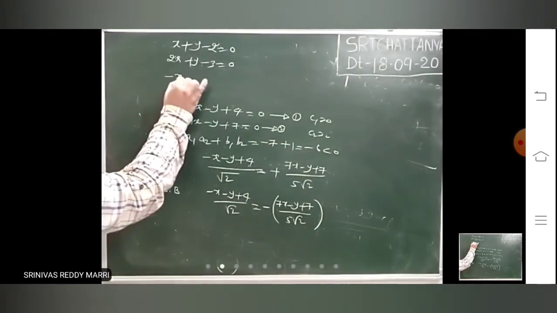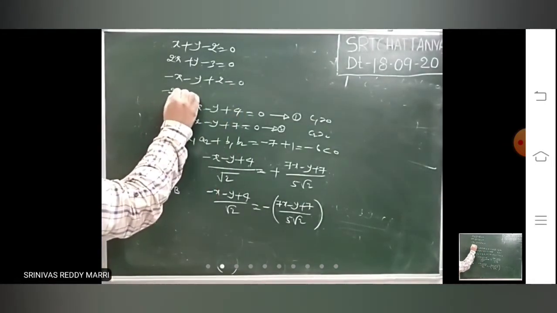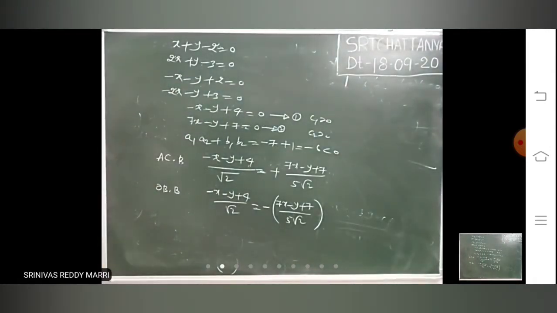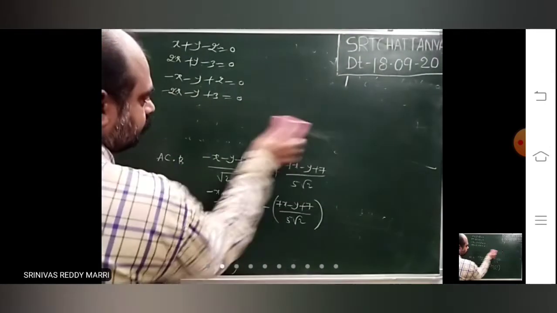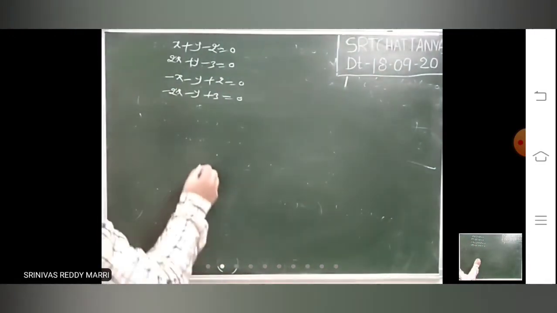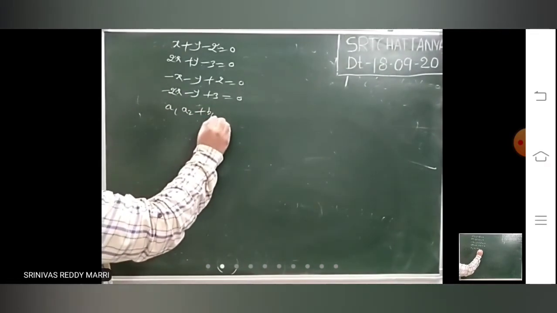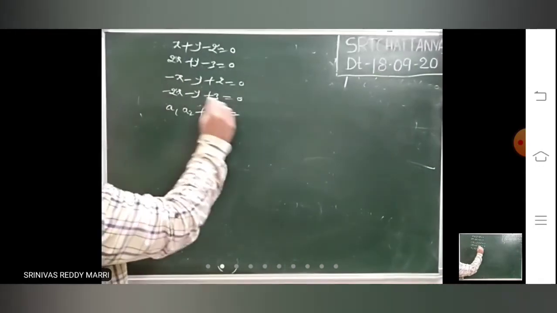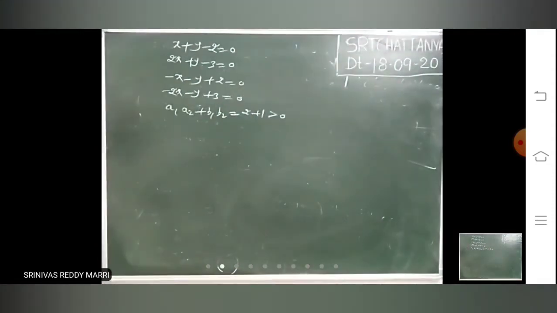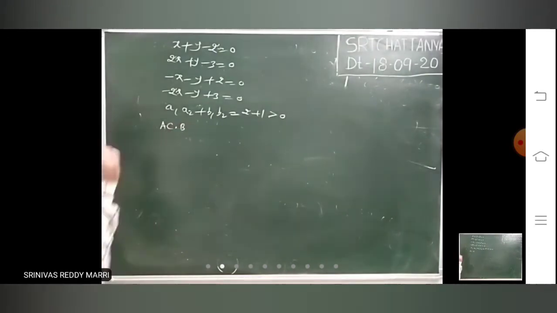So now make the constants positive. Therefore, find a1 a2 plus b1 b2, equals 2 plus 1. 2 plus 1 is greater than 0. Therefore, it is the acute angle bisector.